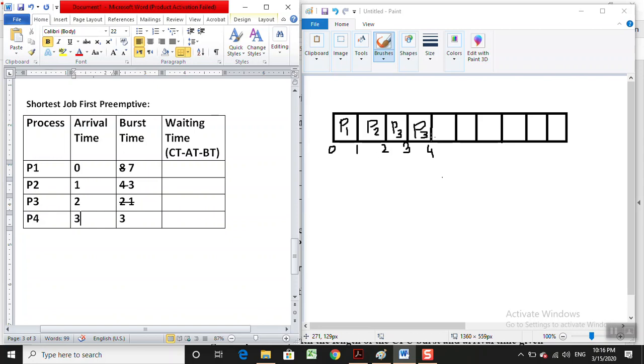So let us say P2 arrived earlier, so P2 will be scheduled and it will continue its job until 7. Okay, this job is done. Alright, now P4 will be scheduled.